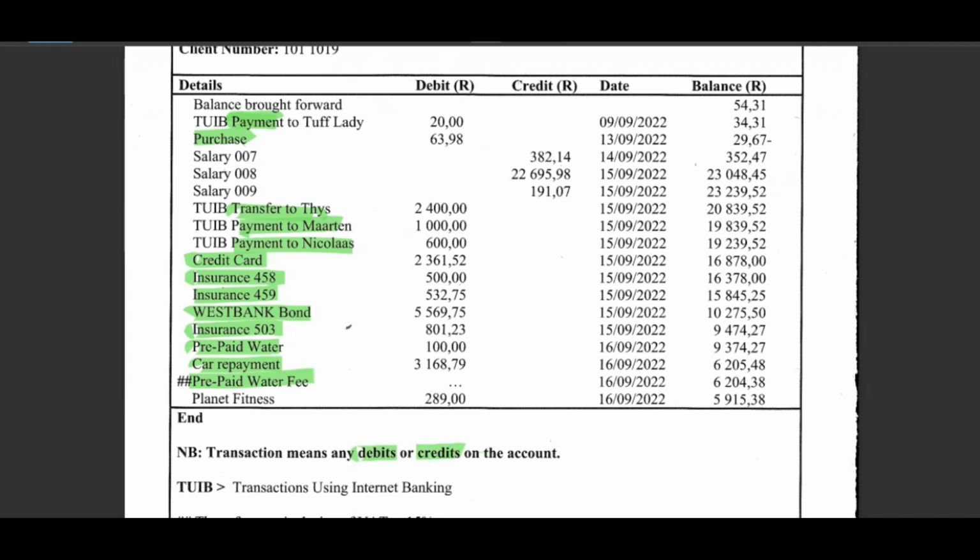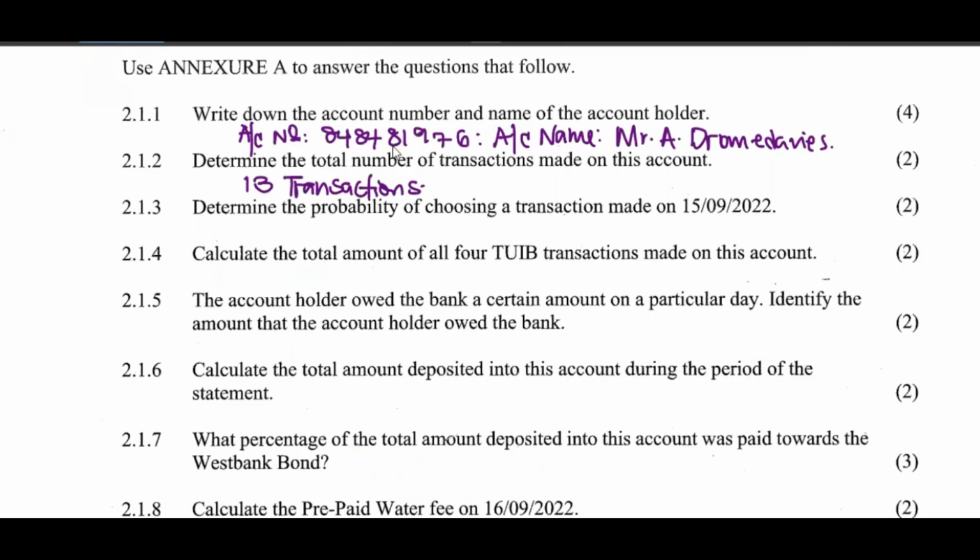So simply meaning any amount of money that goes out, or the money that comes in. So simply meaning we had 1, 2, 3, 4, 5, 6, 7, 8, 9, 10, 11, 12, 13, 14, 15, 16, 17. So there are 17.